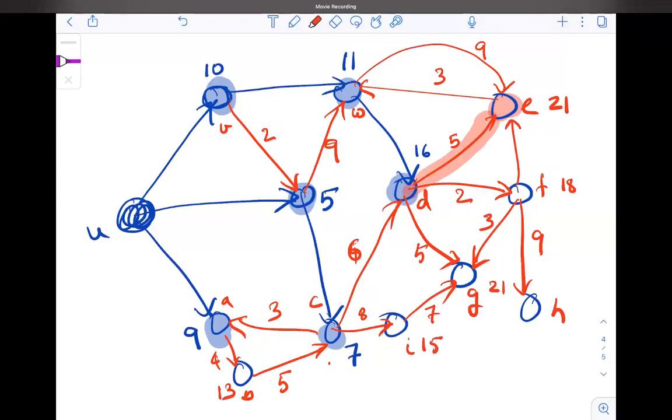Can I, at this point, with whatever knowledge I have, say that the shortest path from U to E is 21? No, not 21, sorry. I should have told it 20, right? Shortest path is 20 from here to here. Can I say that? It's 20, not 21, 20.